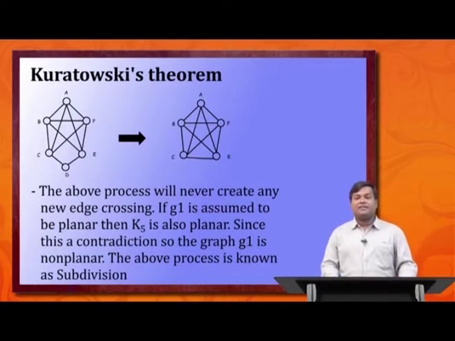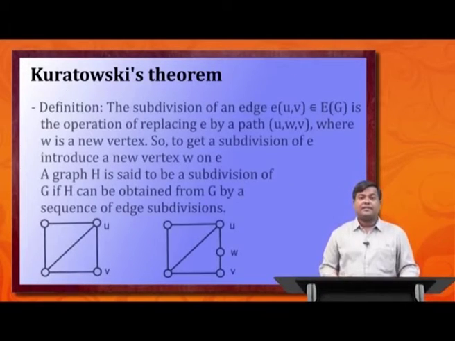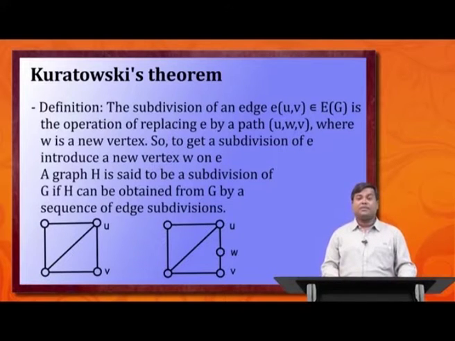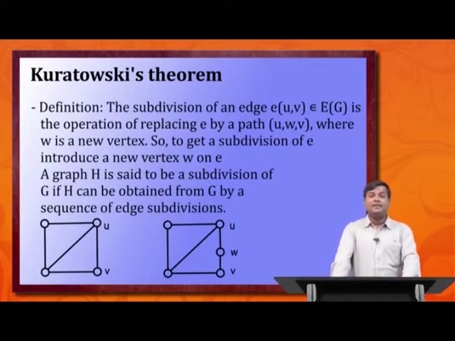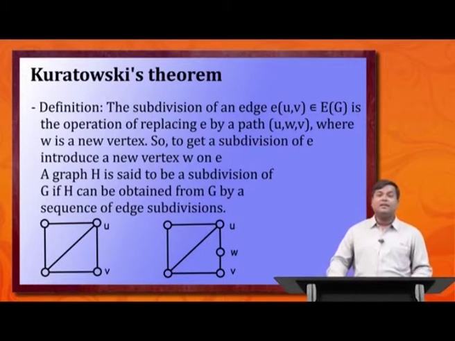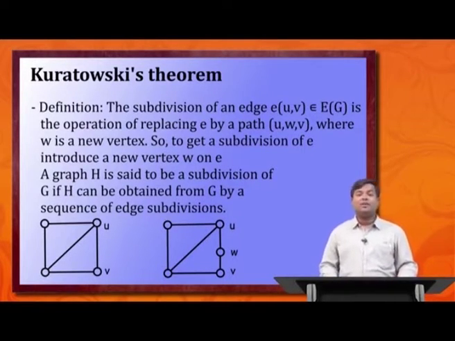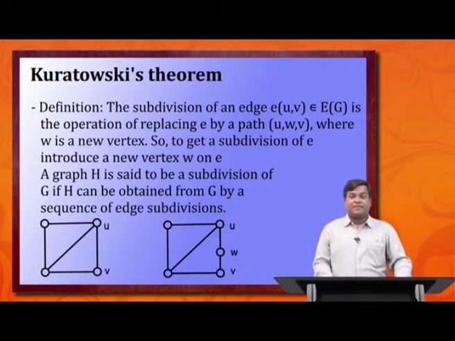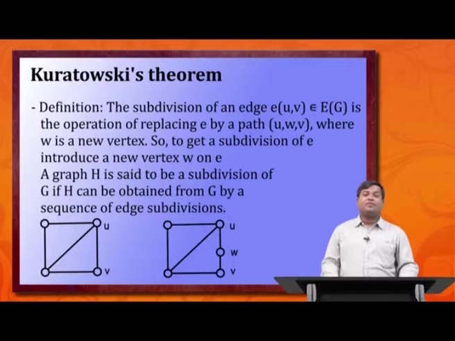This entire process is known as subdivision. So let's come to the definition of subdivision. The subdivision of an edge E from U to V is the operation of replacing E by a path U-W-V, where W is a new vertex. So to get a subdivision of E, introduce a new vertex W on E. Now a graph H is said to be a subdivision of G if H can be obtained from G by a sequence of edge subdivisions.